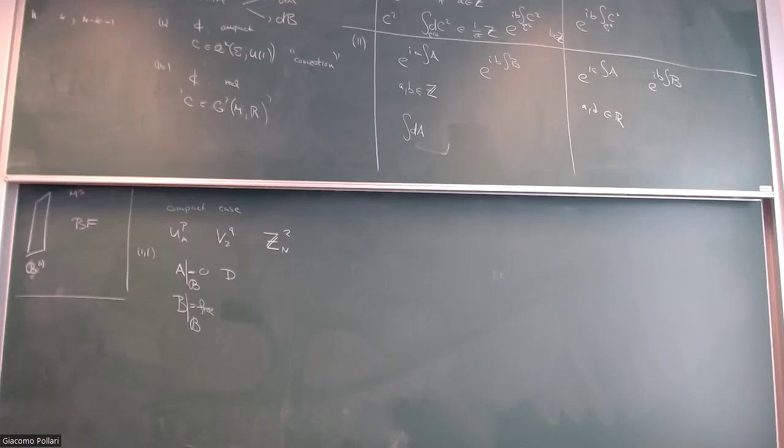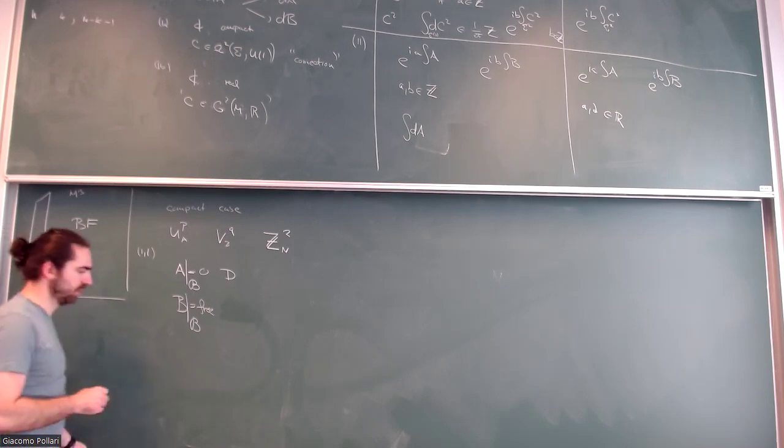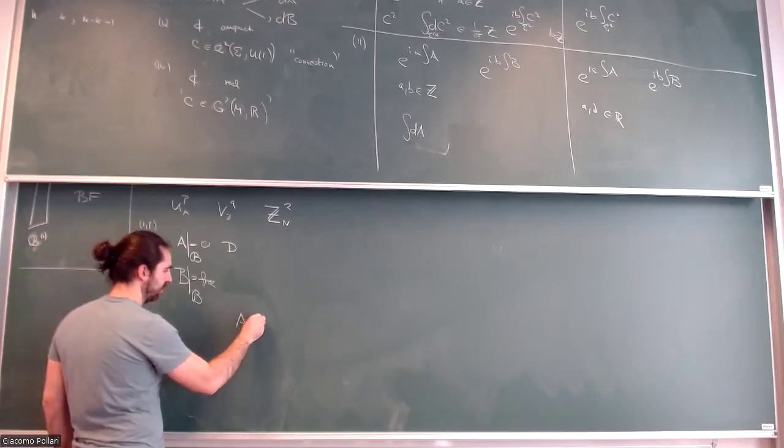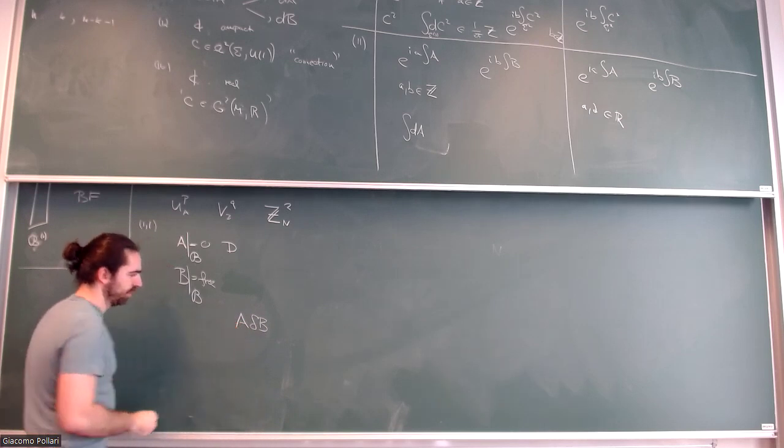I mean, it's all wrong here anyway because they're first order theories. Well, do you need A to be 0? Only DA appears in the action, no? Yeah. So isn't A equal to constant sufficient to satisfy the boundary condition? I want the boundary condition to be that the boundary value should be 0, right?